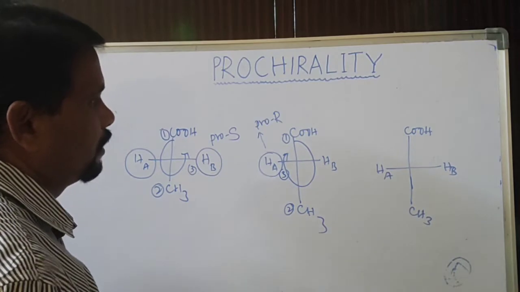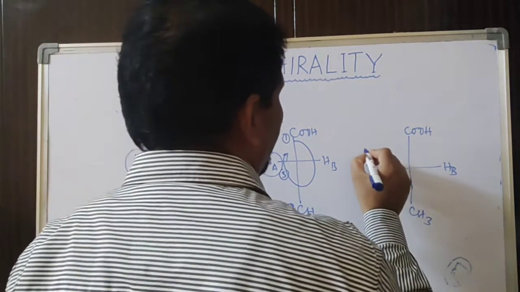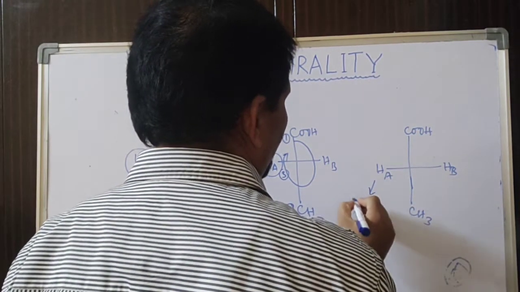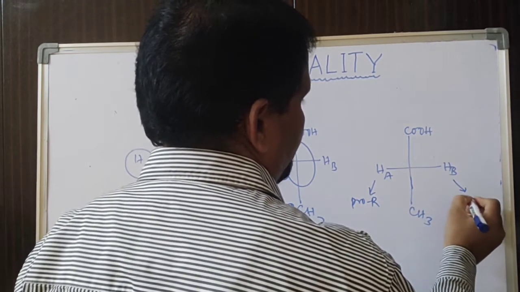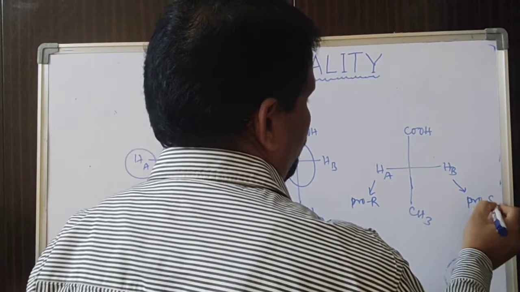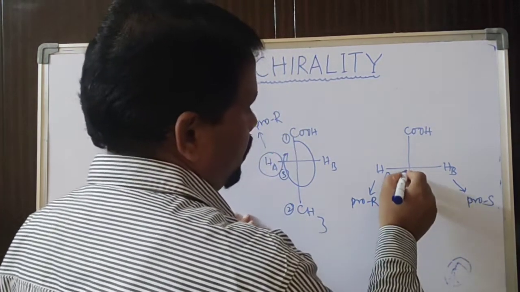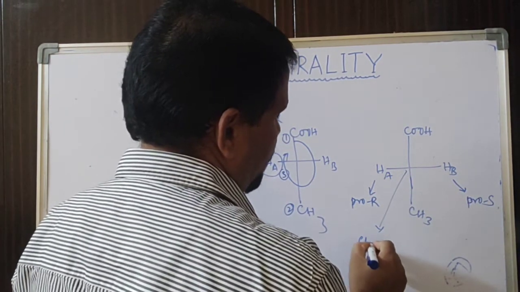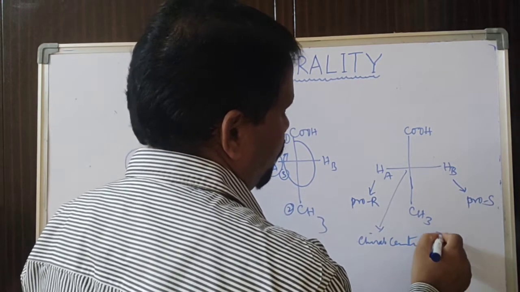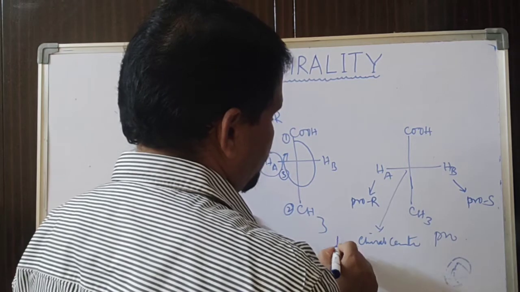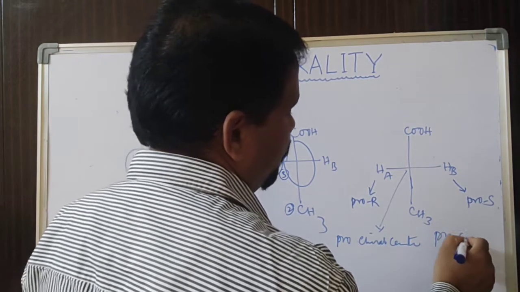So therefore the left side is Pro R notation. This right side is Pro S notation, and this is the prochiral center. This is a prochiral molecule, sorry, prochiral center. This is prochiral center and prochiral molecule.